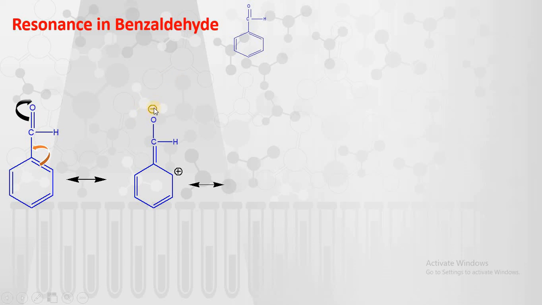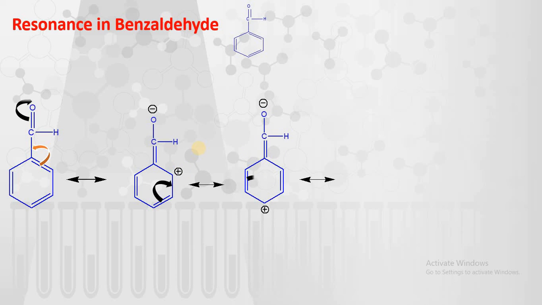This is the negative charge on the oxygen, and benzene becomes positively charged at the ortho position. In the next structure, what happens? To neutralize this positive charge, the next double bond is going to shift towards the positive charge, and again the positive charge is formed on the para position.